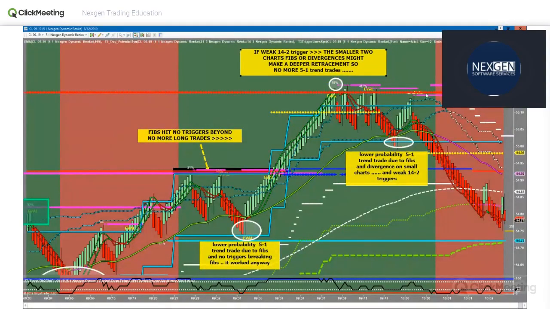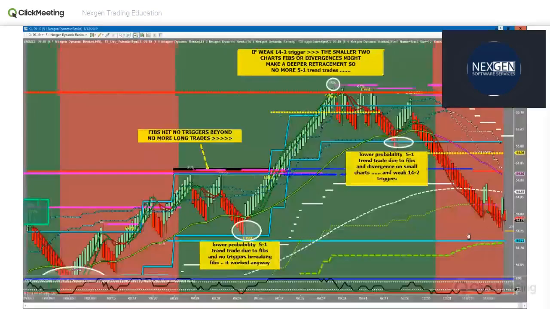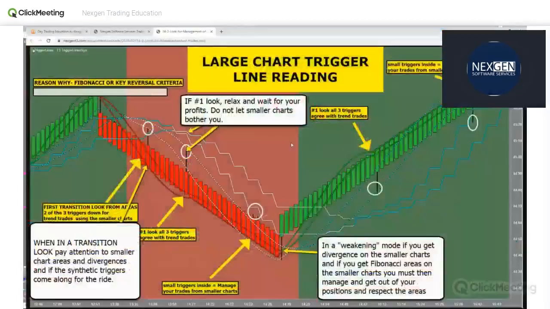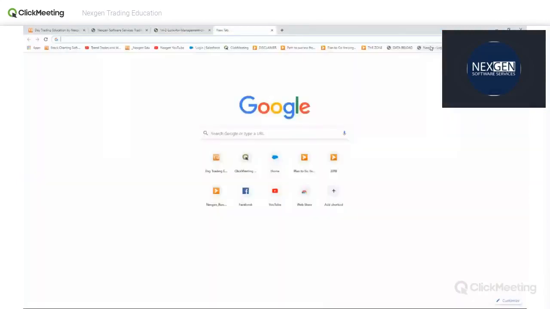You may or may not be a counter trend trader yet, which is fine. Does everybody understand this? Again, very, very important.